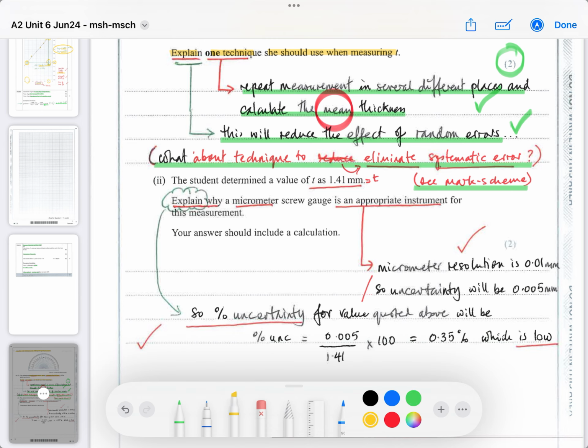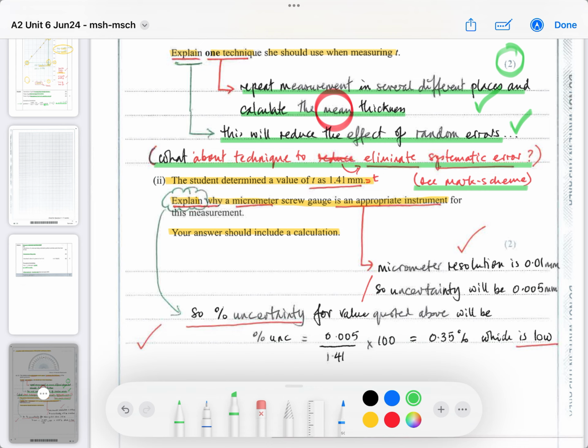Next part of the question says, student determined the value of thickness as 1.41 millimeters. Explain why a micrometer screw gauge is an appropriate instrument. Well, your answer should include a calculation. That means they're giving you a hint. Don't just speak it, prove it.